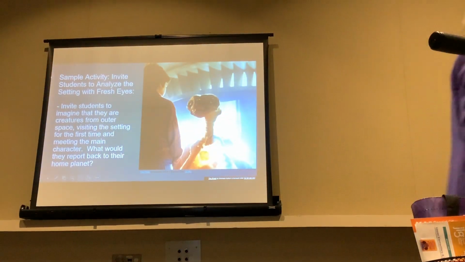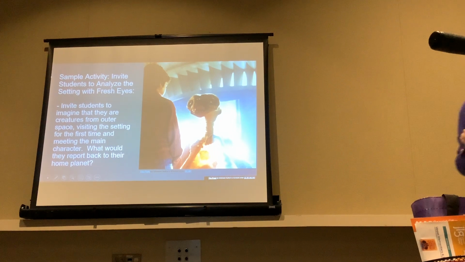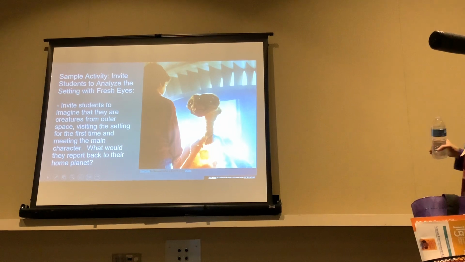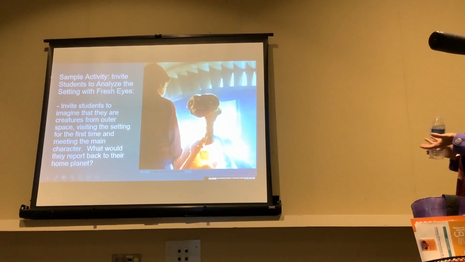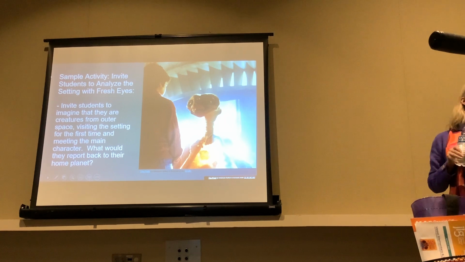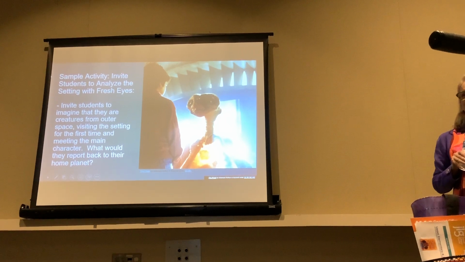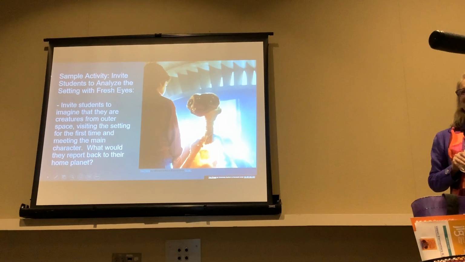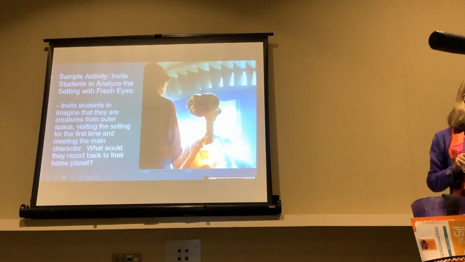Another way to really engage your students from a STEAM perspective in the setting is to get them to look at the setting with fresh eyes. So imagine that they're visiting from another planet. What if they were visiting Columbia, South Carolina as an alien? What if they were visiting this conference and had to report back?